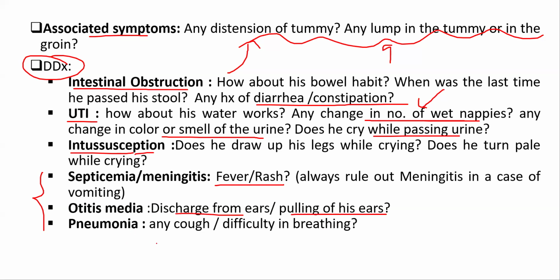For pneumonia, any cough, any shortness of breath, any fever. Okay, so that's your differential diagnosis questions one by one. You have asked about bowel, waterworks, intussusception, incarcerated hernia, then non-GI causes, meningitis, otitis media, and pneumonia.